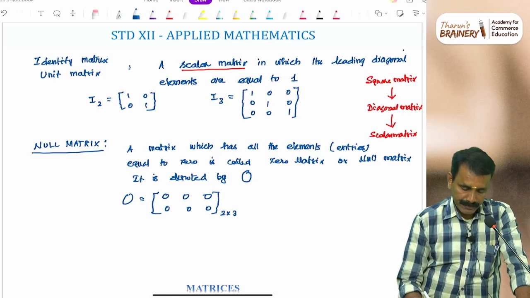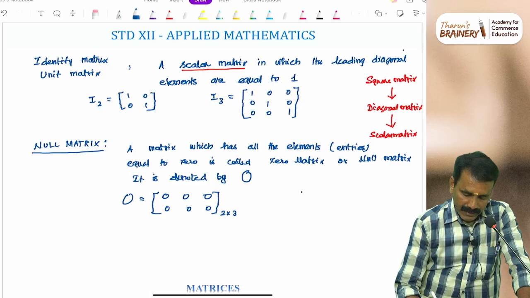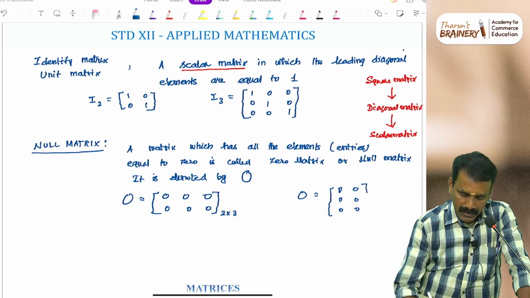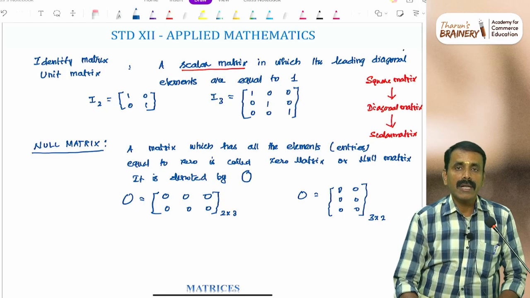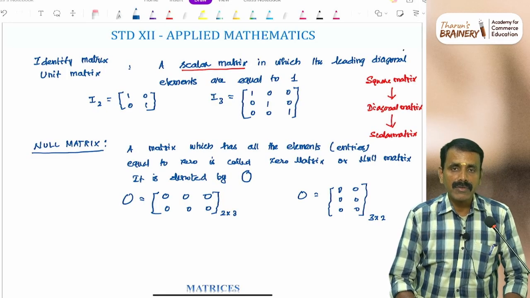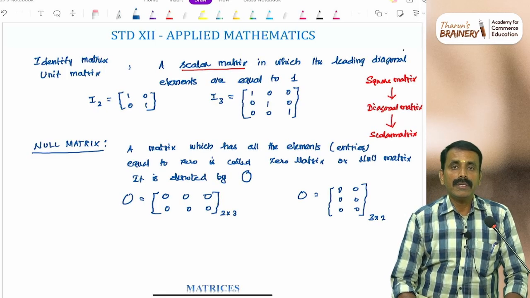We can also write O is equal to 0, 0, 0, 0, 0, 0. This is going to have 3 rows and 2 columns. So this is 3 by 2. Okay. What is a null matrix? A null matrix is a matrix in which all the entries are going to be 0.